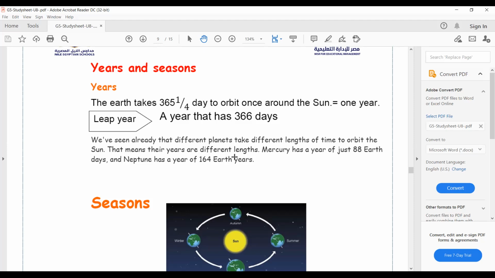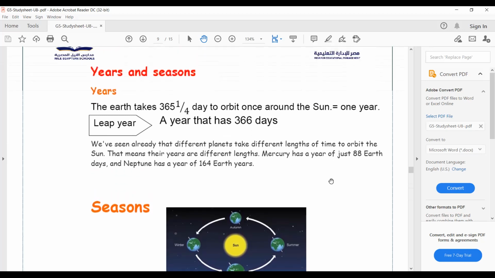So Neptune, because it's the farthest planet from the Sun, takes 164 years to complete one orbit around the Sun. And Mercury, because it's the closest planet to the Sun, its orbit is so small, so it takes only 88 days to complete one orbit around the Sun.